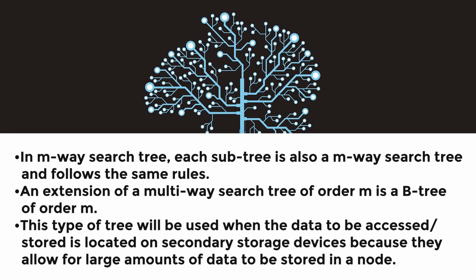An extension of multi-way search trees of order M is a B tree of order M. It is an extension of the M-way search tree, because the M-way search tree is an unbalanced tree. When we go for a balanced tree, we should update the M-way tree by the concept of the B tree.